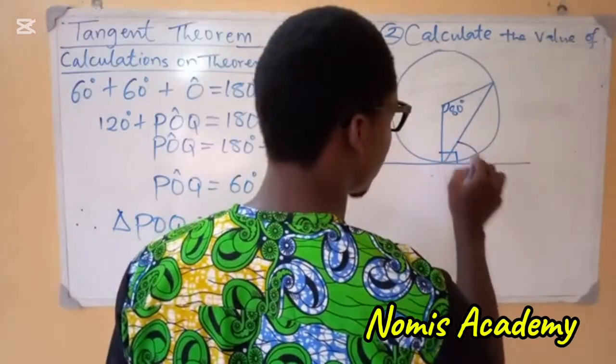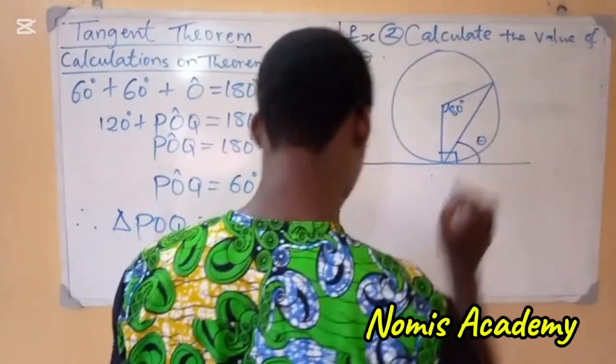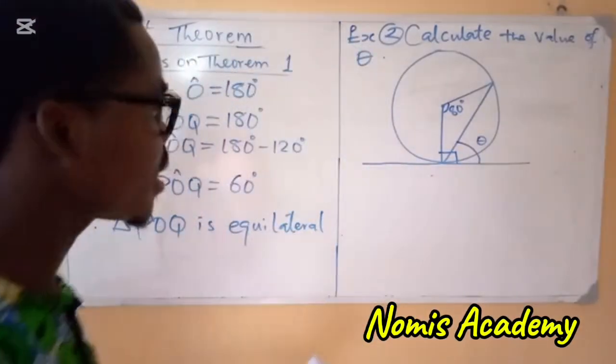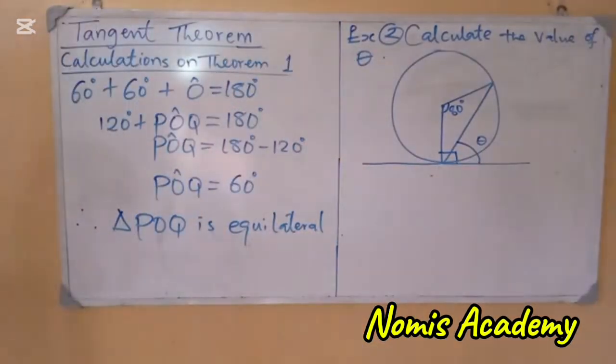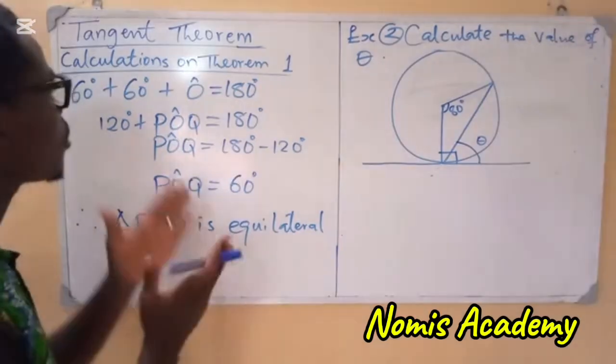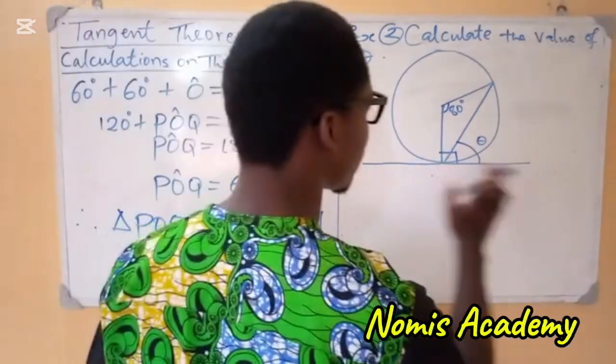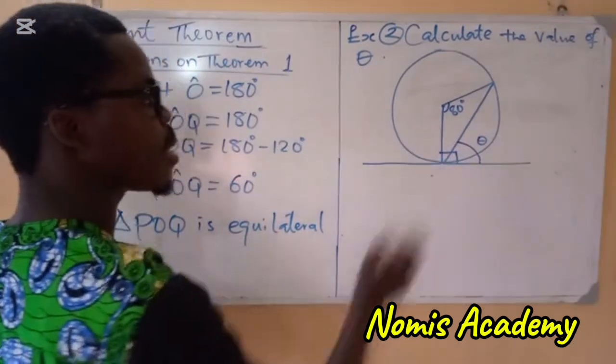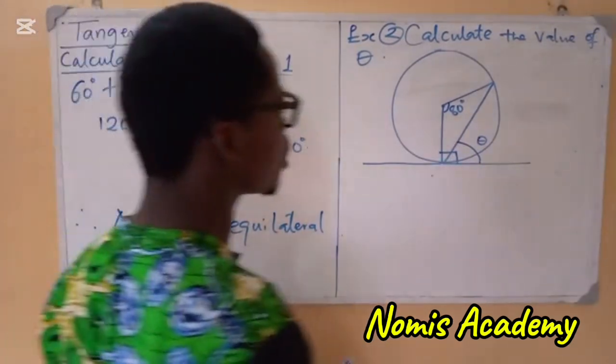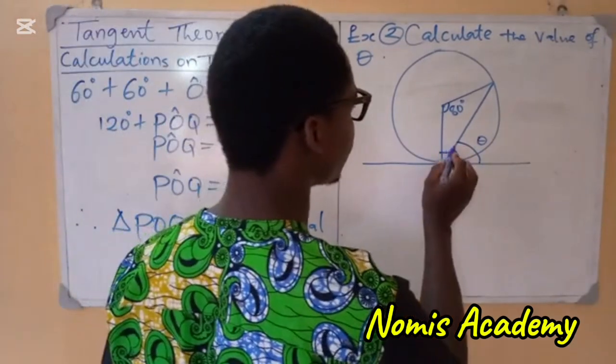Now we are asked to find this angle theta. So to do that, we are using the idea of Theorem 1. Already with this, we know that the two lines are perpendicular. So now let's proceed. We need to know what this angle stands for.